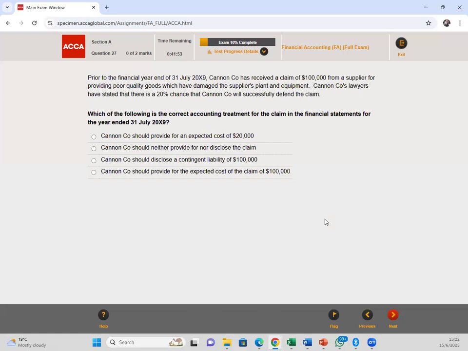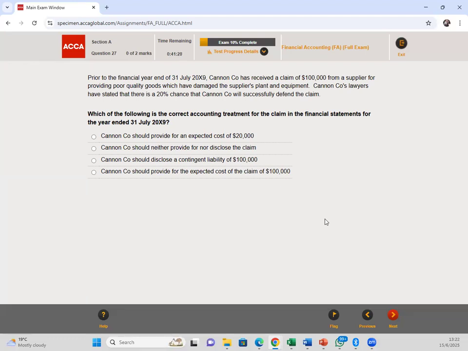Prior to the financial year end 31 July 20X9, Canon Co. has received a claim of 100,000 from a supplier for providing poor quality goods which have damaged the supplier's plant and equipment. Canon's lawyers have stated that there is a 20% chance that Canon will successfully defend the claim.